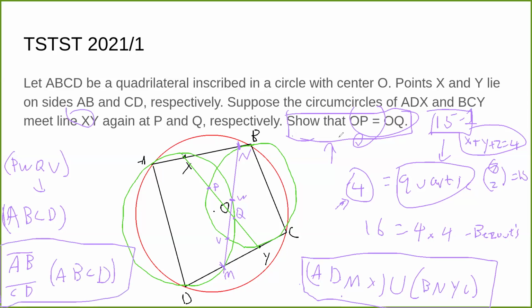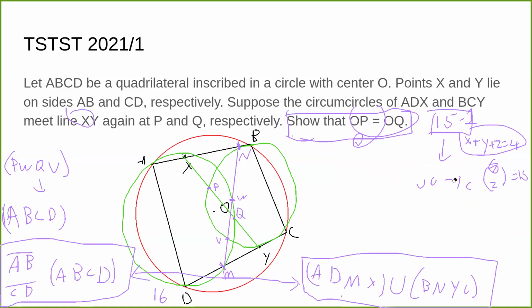Okay, now my question to you is find all 16 intersection points between these two. What are all of the 16 intersection points of this?